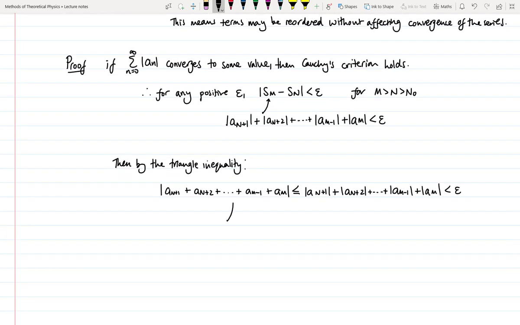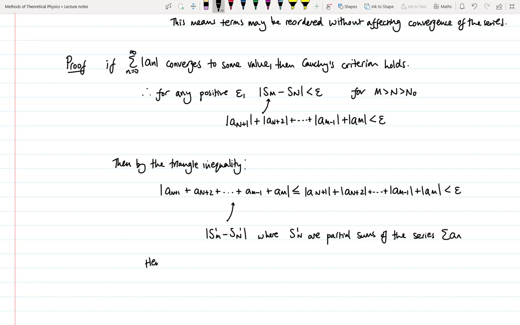What we have on the left-hand side is the absolute value of the difference of partial sums S'm and S'm, where S'n are partial sums of the series of the terms an.